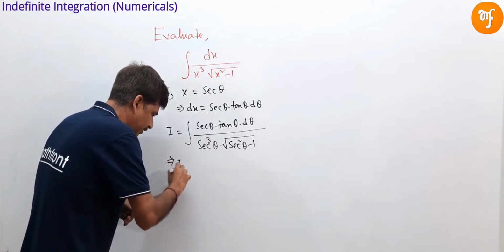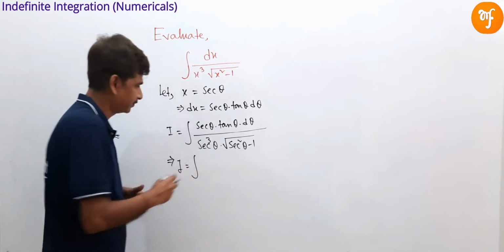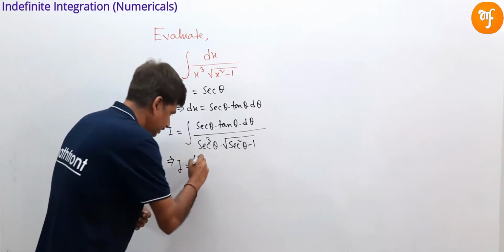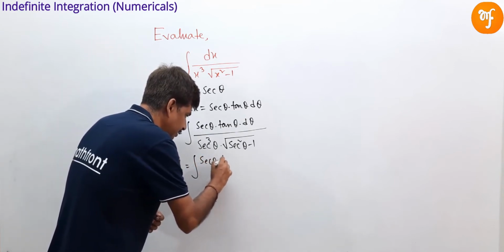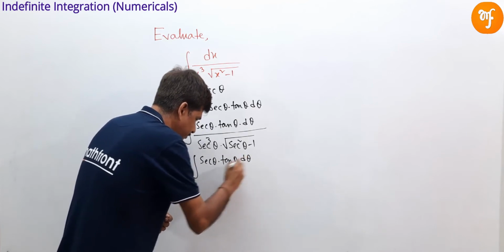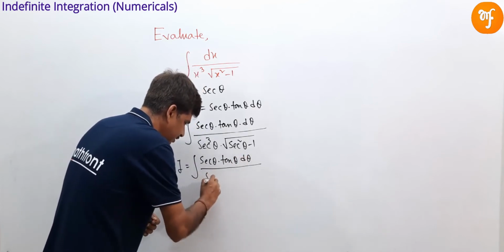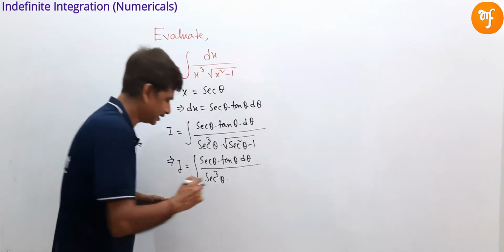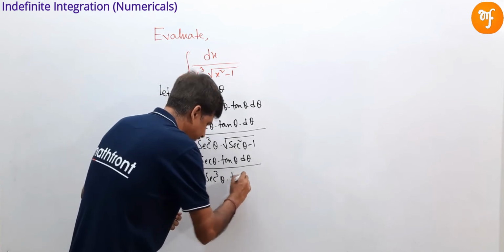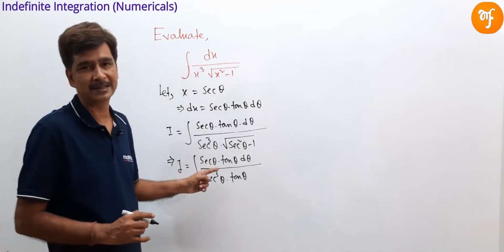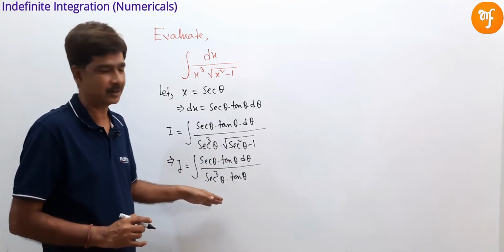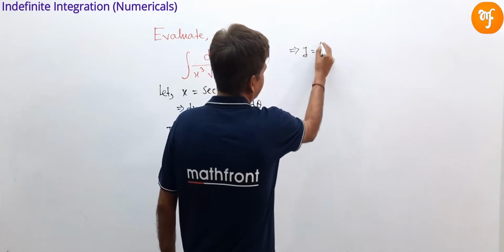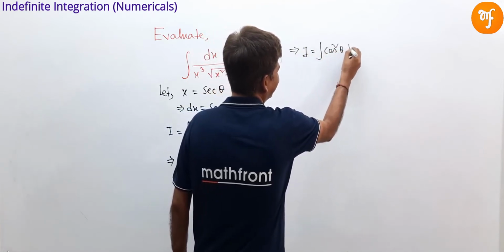So I is equal to integration of sec theta tan theta d theta in the numerator, and in the denominator it is sec cube theta, and square root of sec square theta minus 1 is tan theta. So now we can easily cancel sec theta into tan theta from both numerator and denominator. So after simplifying, we can write I is equal to integration of cos square theta d theta.